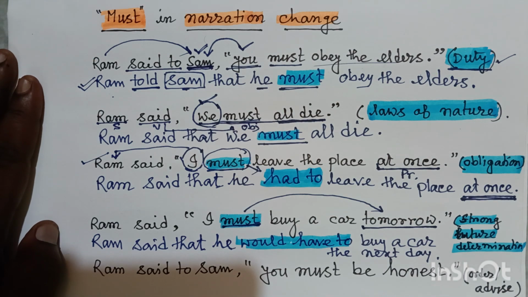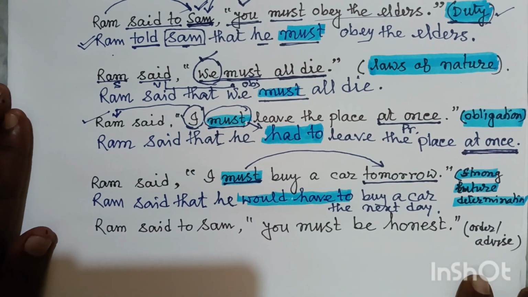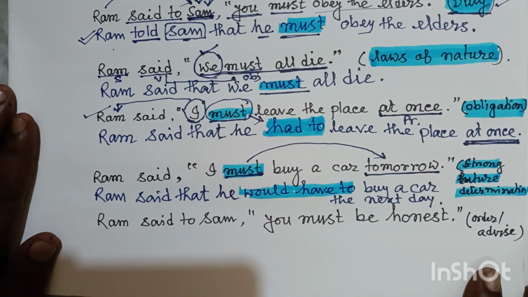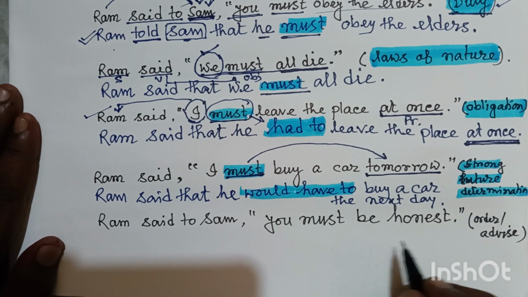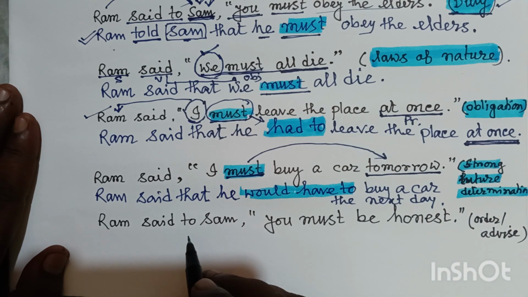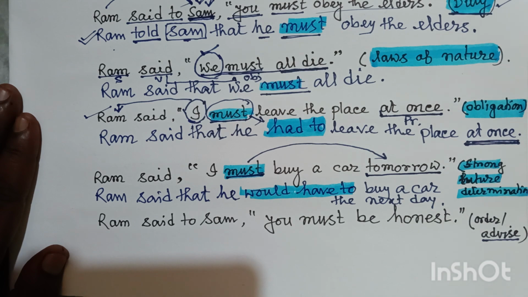Now there is another sentence. This is quite tricky. You can see this sentence. Ram said to Sam, you must be honest. Friends, it is basically advice. Ram may be elder, Ram may be his family member, Ram may be his teacher, whatever he may be. That is why he is advising Sam to do something positive.